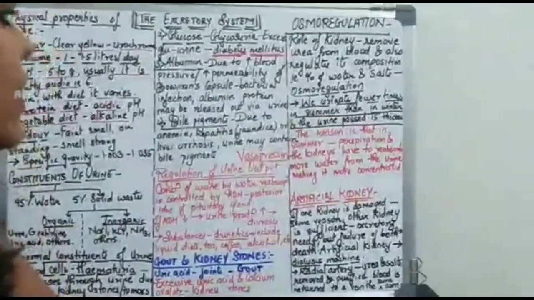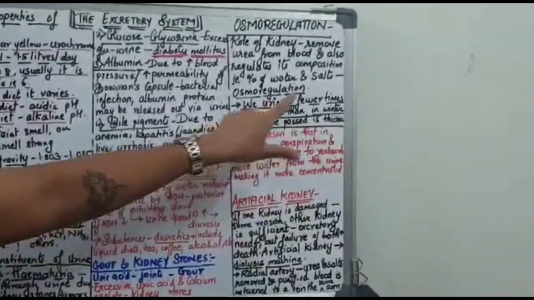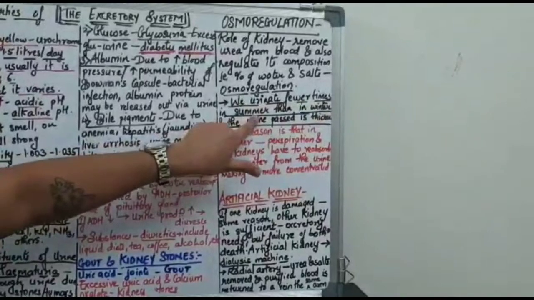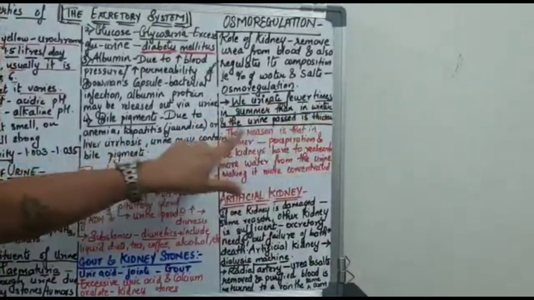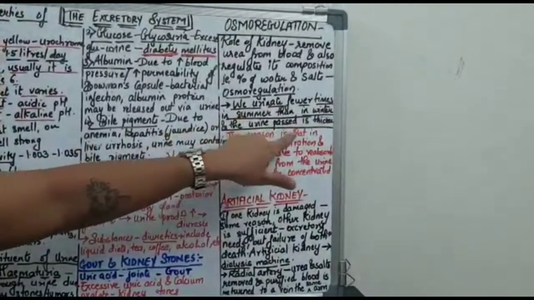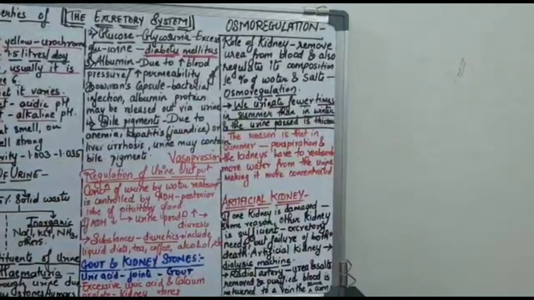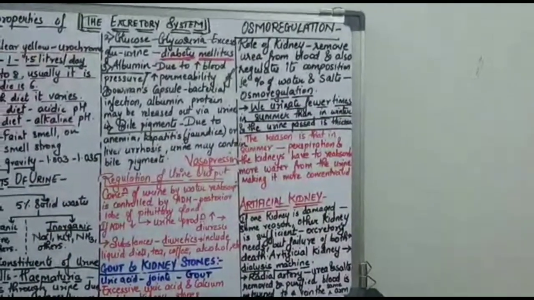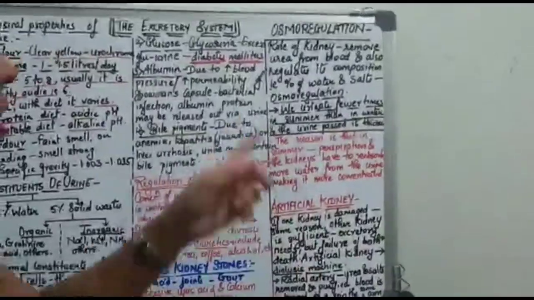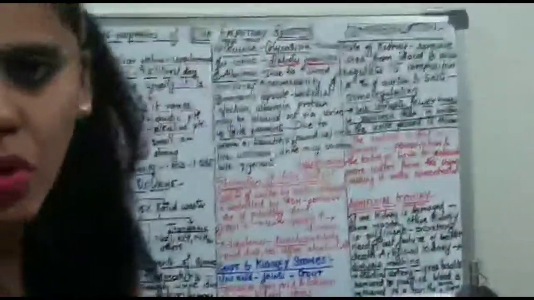We all are aware of this fact that we urinate fewer times in summer as compared to winters, and the urine is thicker. And I hope you all know about the reason behind it. Still, I've just mentioned the reason over here.